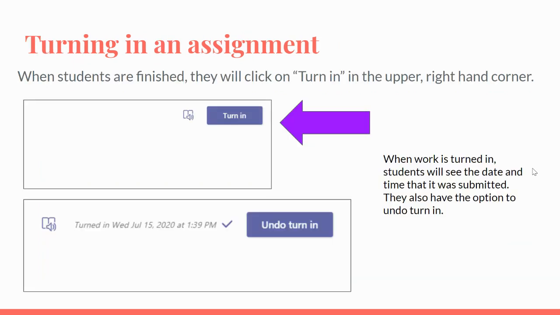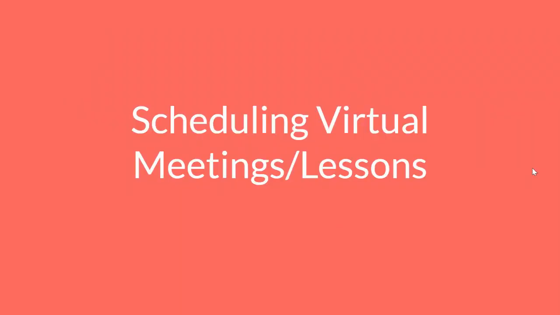Then when the students are finished, they need to click on the Turn In button in the upper right-hand corner. And when the work's turned in, the students are going to see the date and time that it was submitted. And they also have the option to undo the turn in. That's similar to Google Classroom, where you have the Turn In button. Okay.